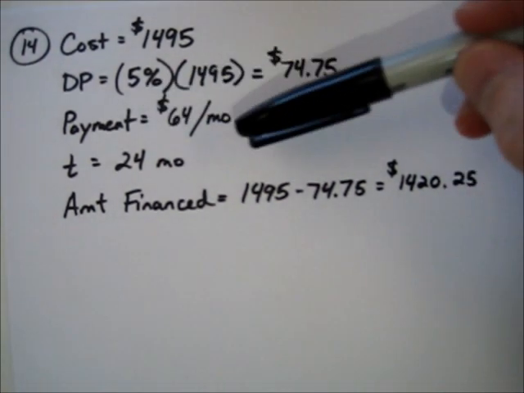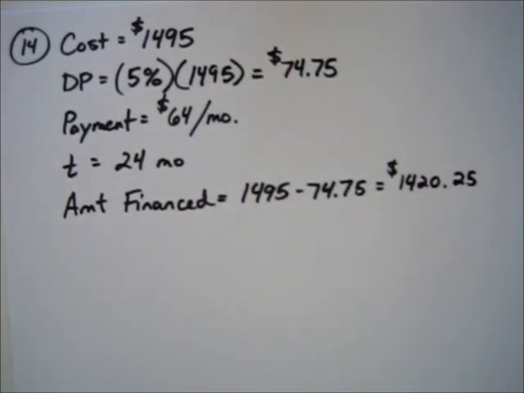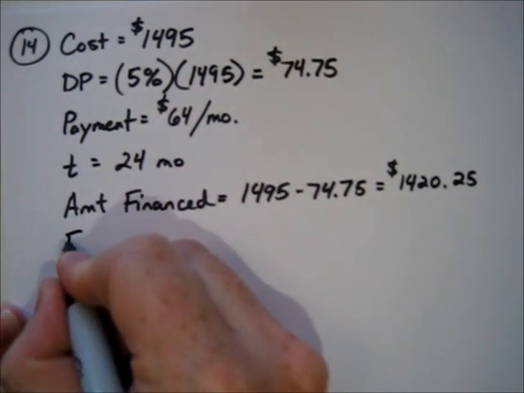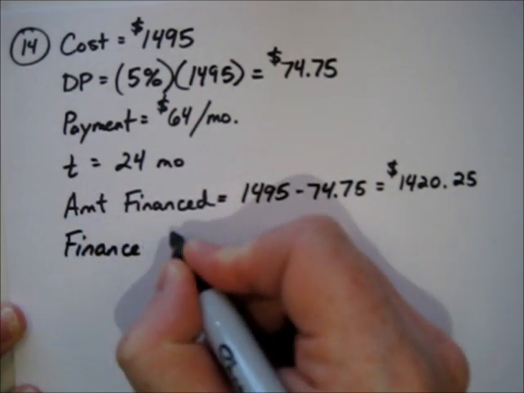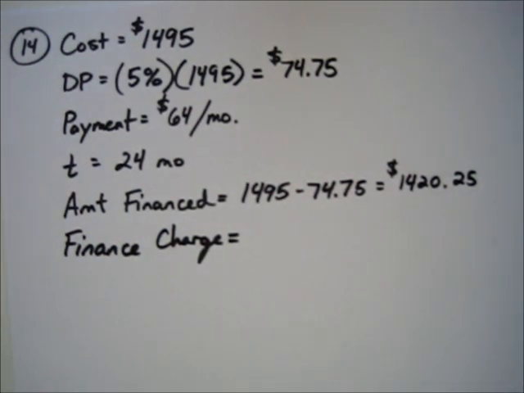And she is making payments of $64 a month for 24 months. So if we want to calculate the finance charge, we can't quite do this the same way as problem 12 because we don't know the APR. But if you think about the finance charge, it's also the difference between the cash price and the installment price, or the borrowing price, so to speak.